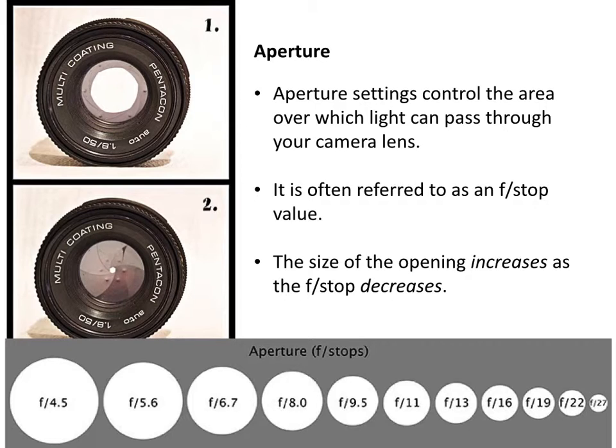It can be made larger or smaller to allow more or less light into your camera. A modern aperture would normally be in the lens of your camera and is made up of a series of blades that overlap and together form a hole, as demonstrated by images 1 and 2.